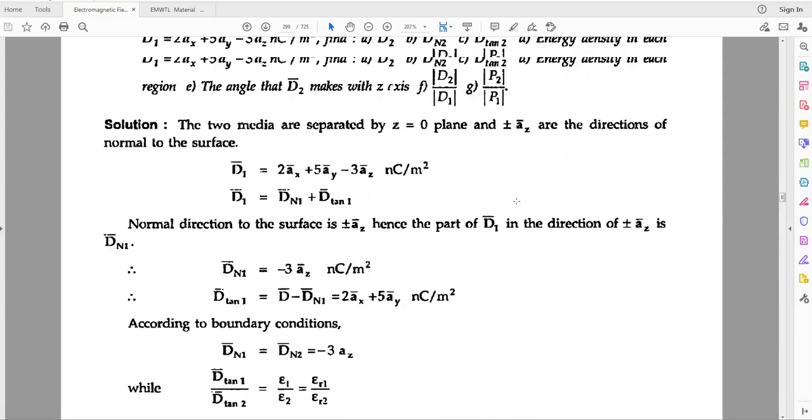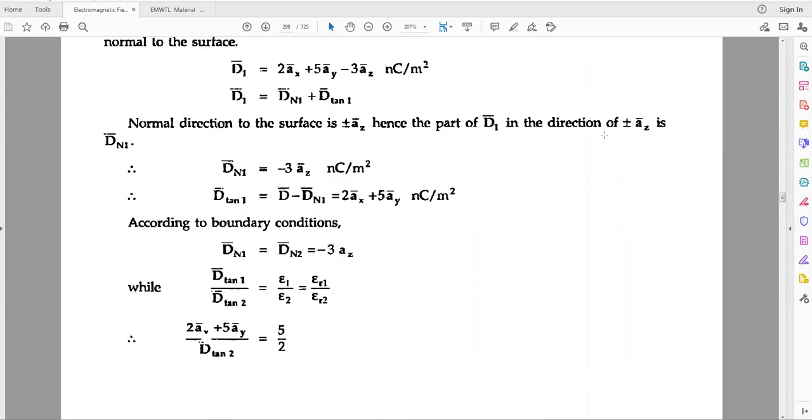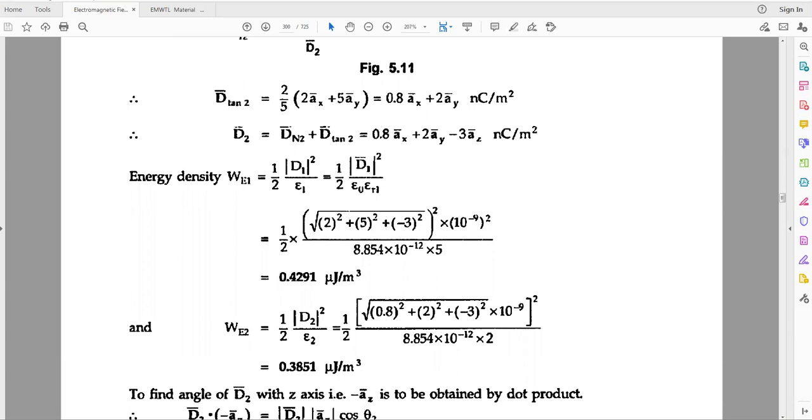Another one they ask is the energy density in each region. What is the energy density formula here? W is equal to 1 by 2 D by epsilon, in terms of D or in terms of E, D squared and E squared. In terms of E, D is epsilon into E. So WE is equal to 1 by 2 integral of D bar dot E bar.